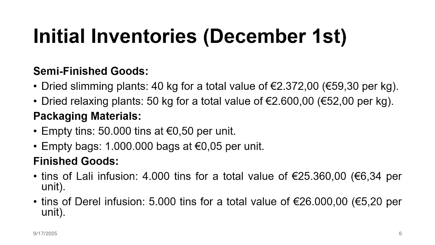And we have the information we call the beginning inventory for the 1st of December in terms of the semi-finished product and the packaging material. Here you can see that the company buys the material, but they also buy other packaging material like the empty bag and the empty tin to make the final product. And of course, we have some finished goods at the beginning.